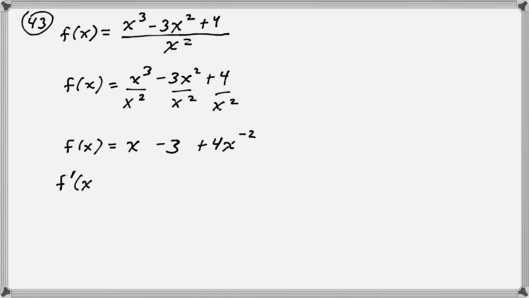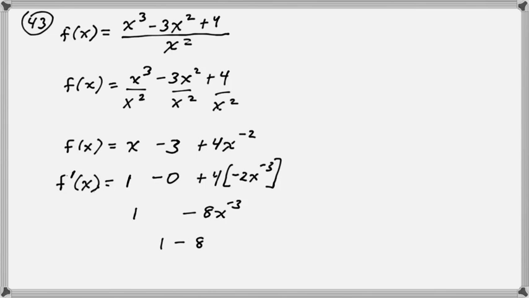Now I'm going to take the derivative. The derivative of x is 1. The derivative of a constant is 0. 4 is a constant factor. You keep it out and you do power base 1 less power. So you get 1, I believe that's minus 8x to the negative 3. I told you I'll never accept negative exponents, so please move it, and there's your answer.